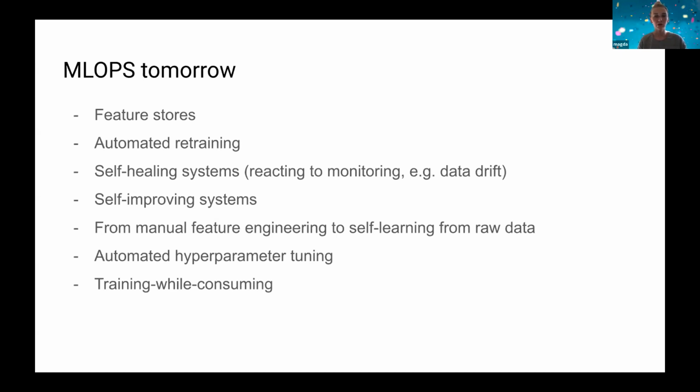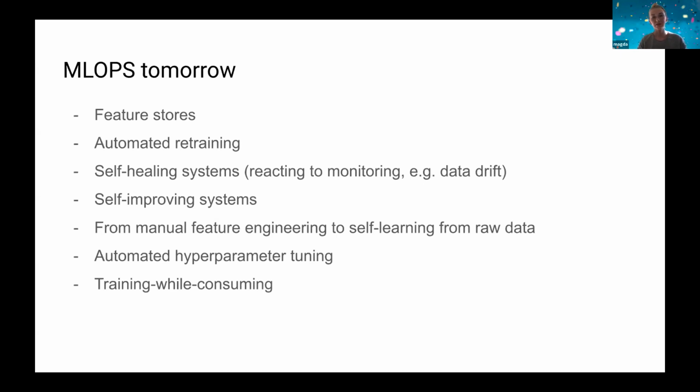There's also a rise in automated retraining. So I think more and more teams are going to start looking into having monitoring connected to automated retraining, and thus creating a self-healing system.